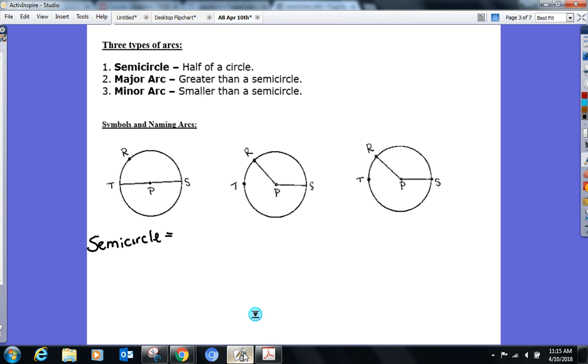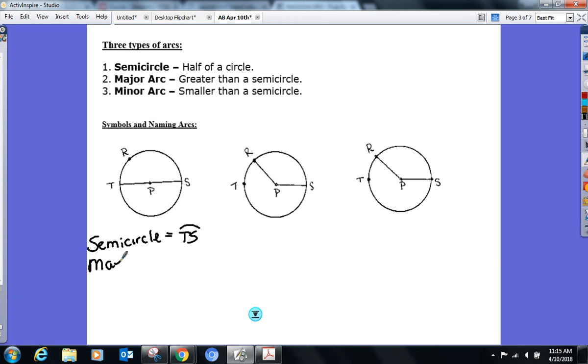Justin, roll. TS. Good. And how do I know Justin? Hey, everybody. I know Justin's referring to this arc right here because I'm going right from T to S, no stops in between. What else could he have had instead? I could have said TRS. This is also a semicircle. Good job.